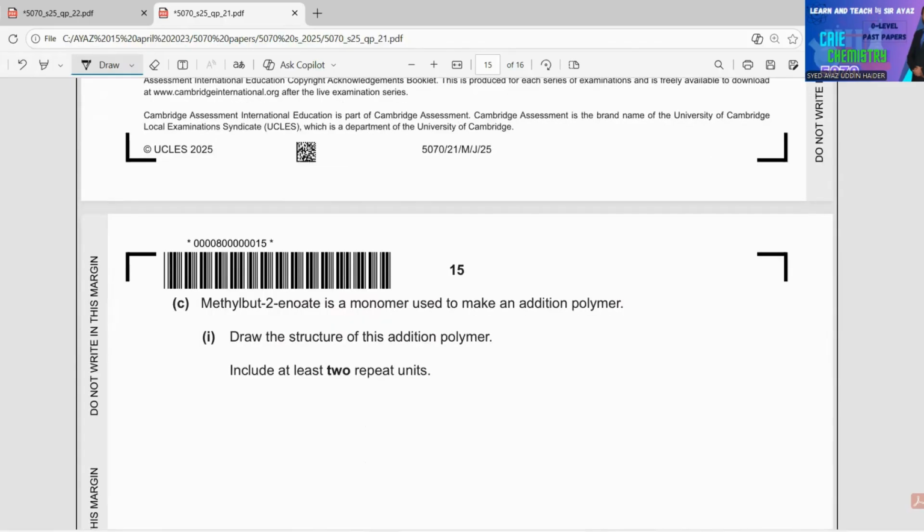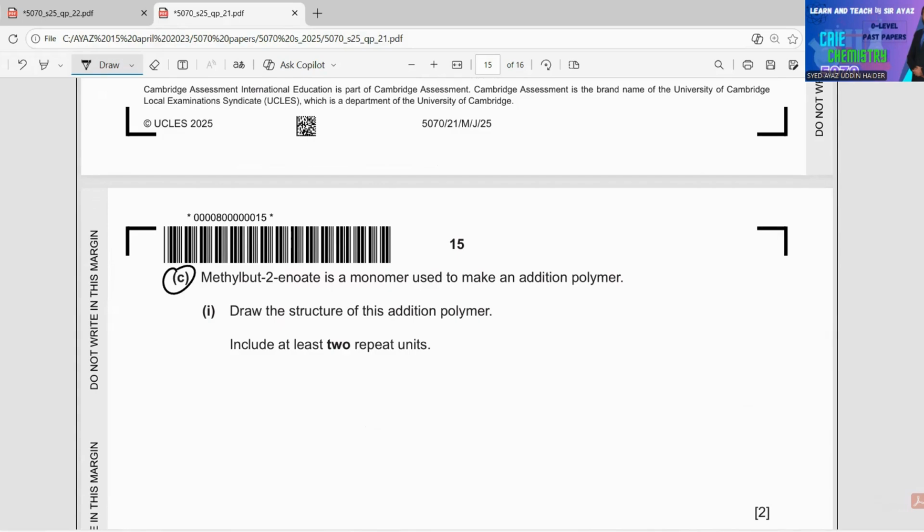Moving to next part. Methyl butadienoate is a monomer used to make an addition polymer. Draw the structure of this addition polymer. Include at least 2 repeat units. For your convenience, I am going to draw the compound here, that's methyl butadienoate.